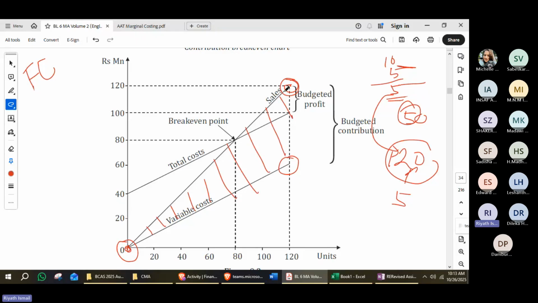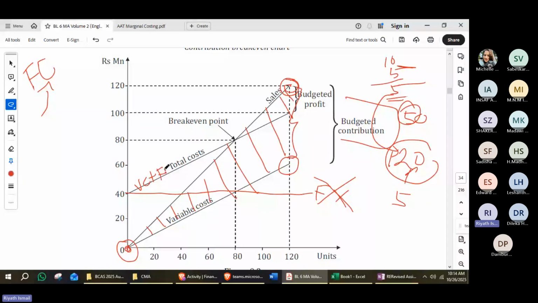If you want to find the profit, you see the budgeted contribution, this area. Then you have to subtract fixed cost. We don't want to draw the fixed cost line here, right? Rather, we know that fixed cost is always fixed. To find the total cost, we add variable cost plus fixed cost.